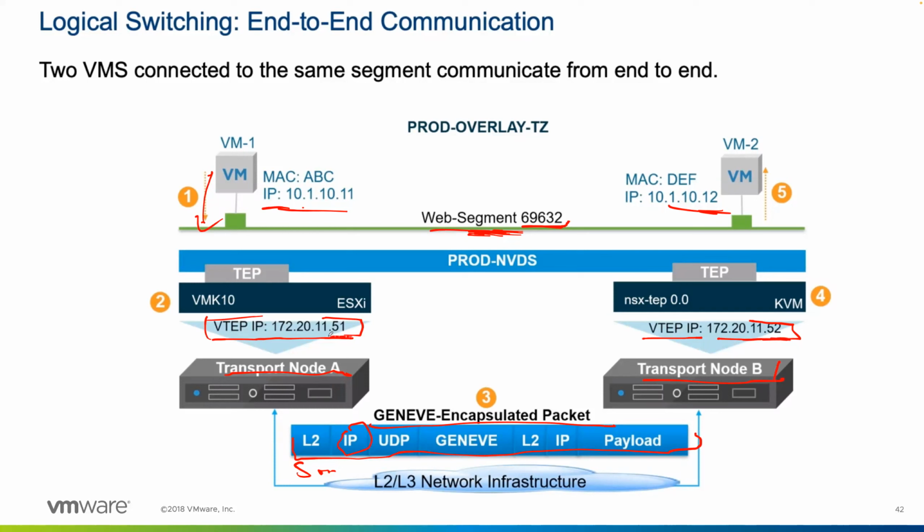So source IP 1151, destination IP 1152. That's the Geneve tunnel header.